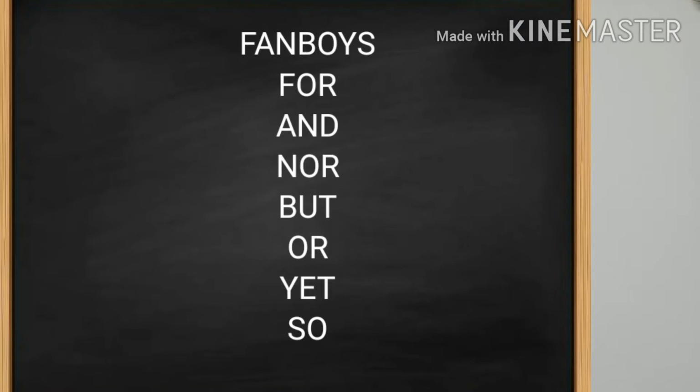These are the conjunctions which are used to join the sentences in a compound sentence, and they are for, and, nor, but, or, yet and so. So these are the conjunctions which are used to join the compound sentences, and they are easily remembered by the acronym, by the abbreviation FANBOYS.